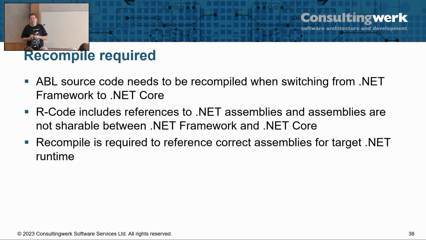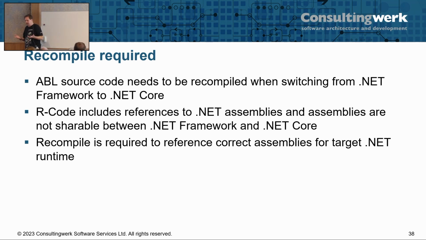Even if we're using the same classes, so most of the classes are there for .NET Framework 4.8 and .NET 6. Same methods, same properties, same everything, most of them. We need to recompile the application.